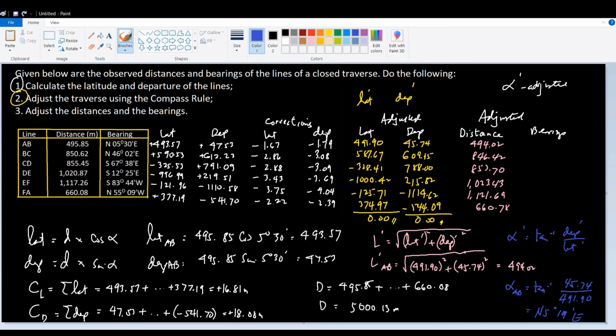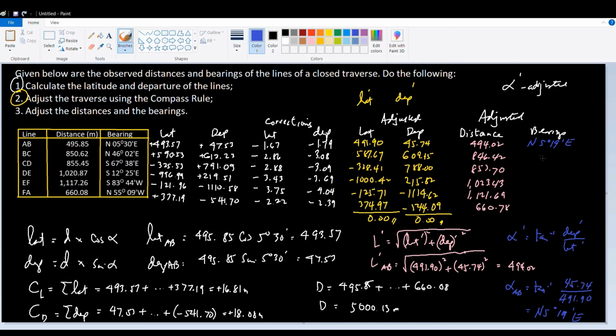For the adjusted bearing of line BC, it will be arctangent of 609.15 all over 587.67. And we should be getting 46 degrees. Let me tabulate first the adjusted bearings. AB is north 5 degrees 19 minutes east.